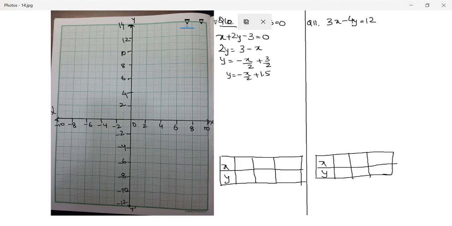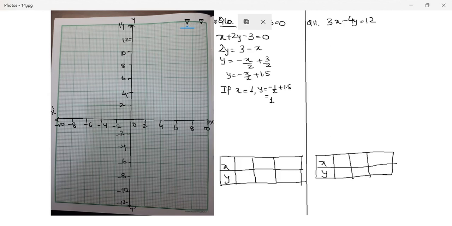Let's look at this question. So if x is equal to 1, y will be equal to negative half plus 1.5, which is 1. Correct? Yes.